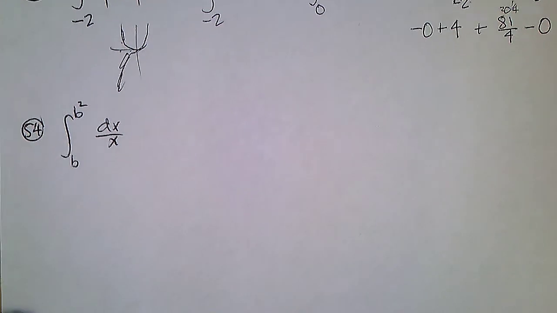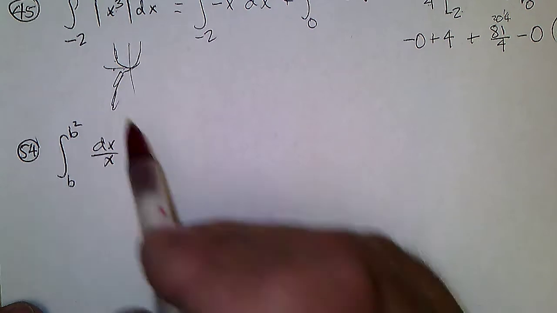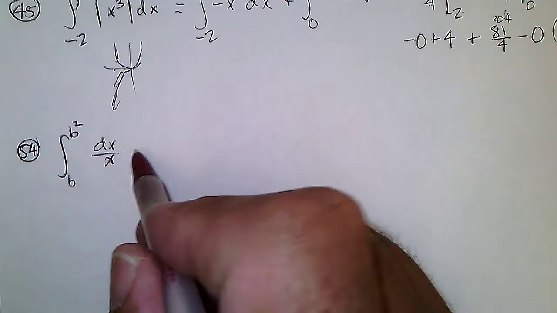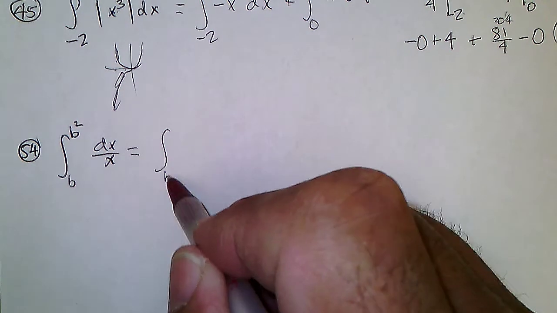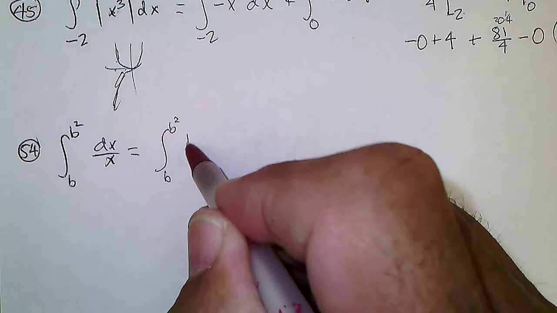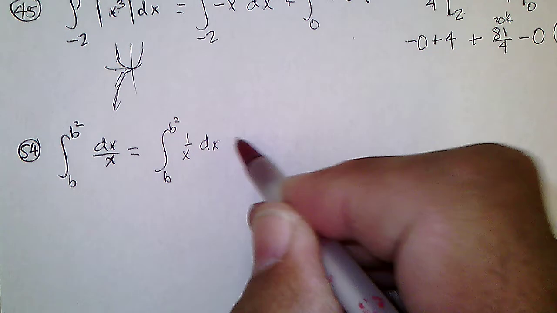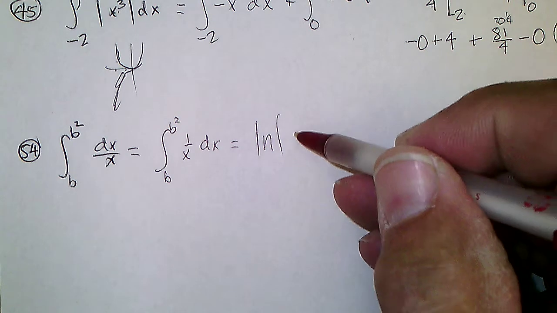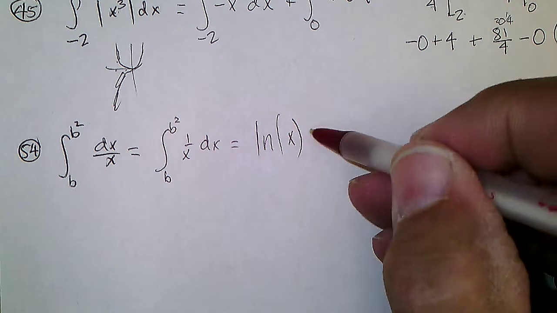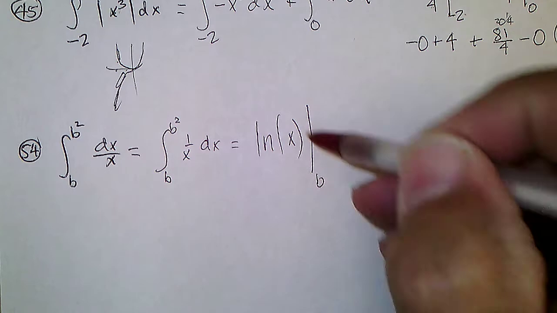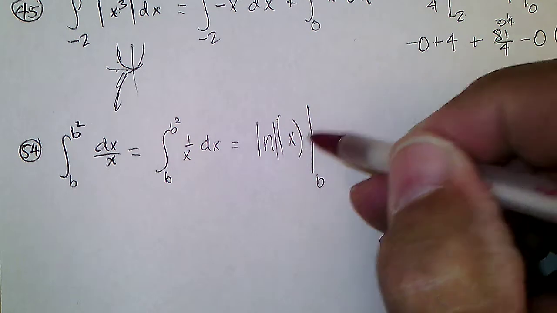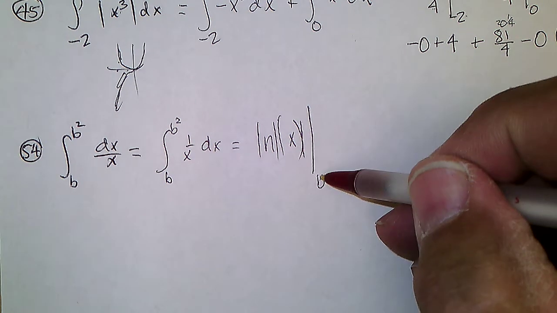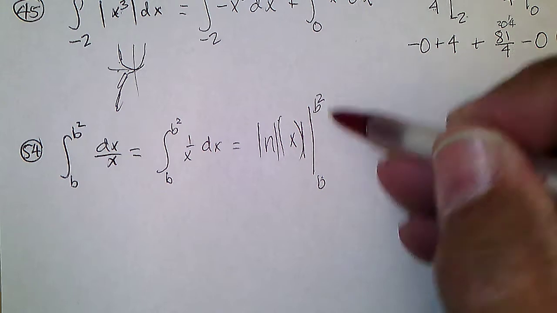And this one, the integral of this is the integral from b to b squared of 1 over x dx, which is ln of the absolute value of x, evaluated from b to b squared.